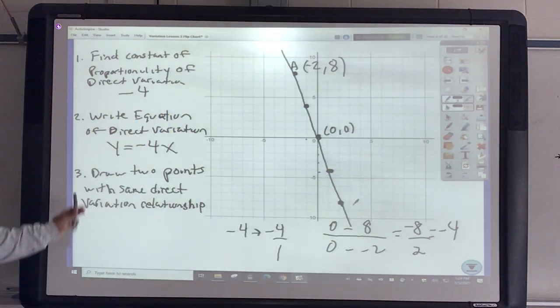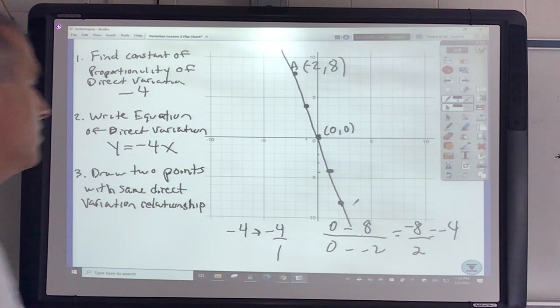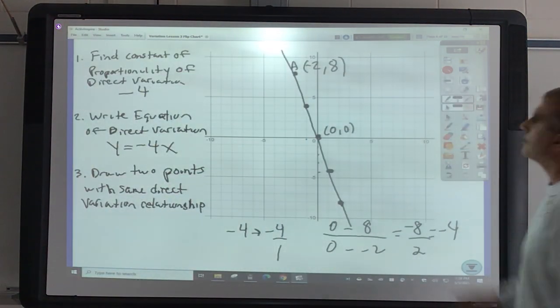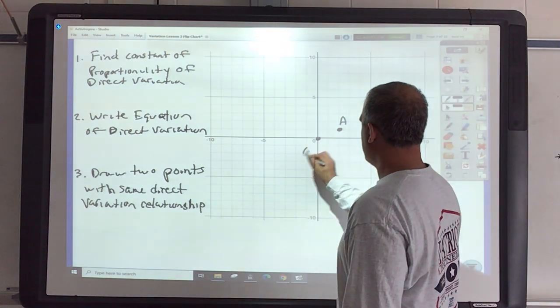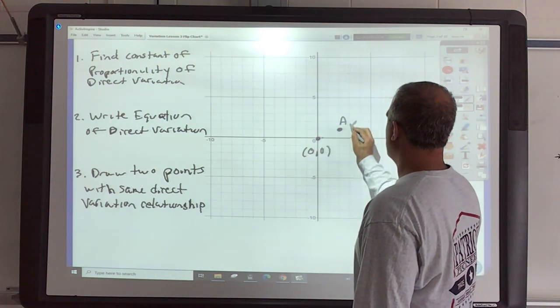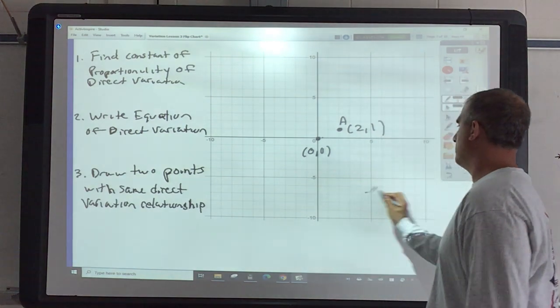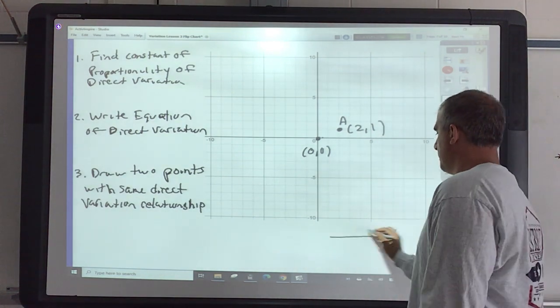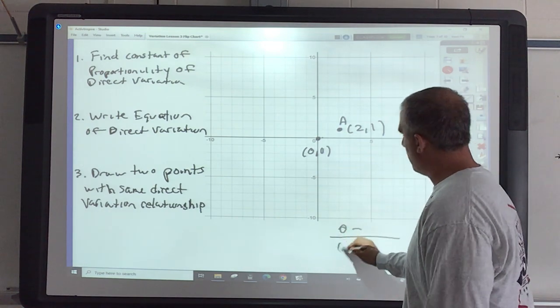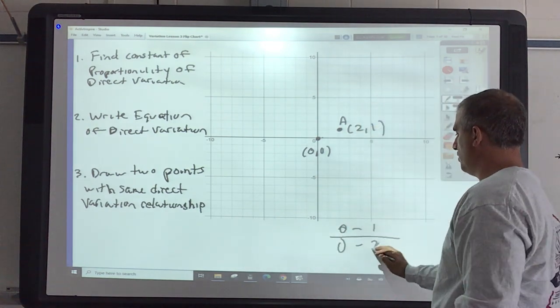Okay. Now it says only draw 2 more, so it's pretty easy to come up with the other 2. All right. Let's look at this one. I got 0, 0. This is 2 over 1 up. All right, so from a slope formula standpoint, 0, 0, 1, 2.